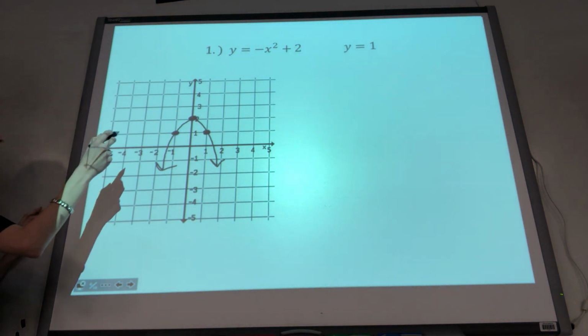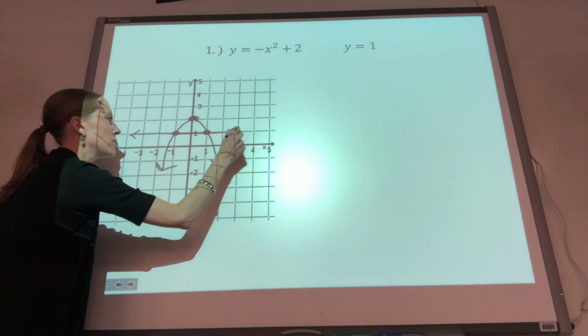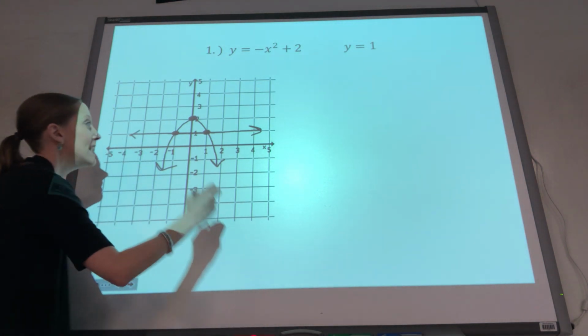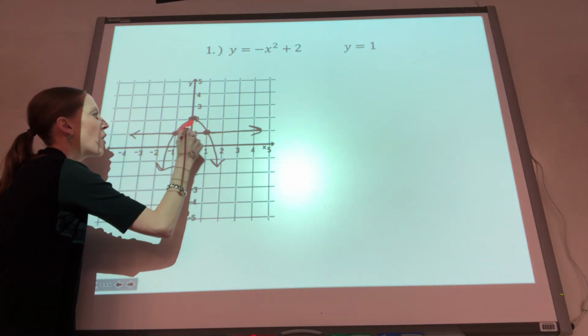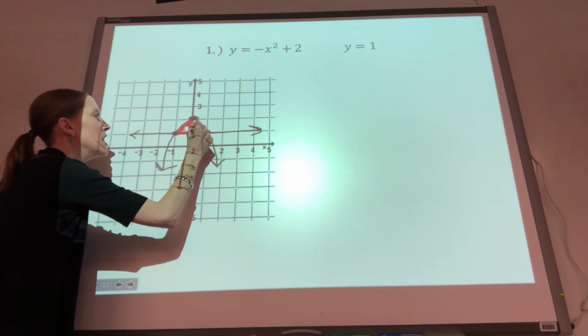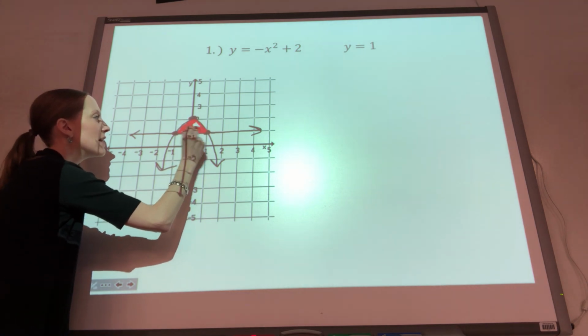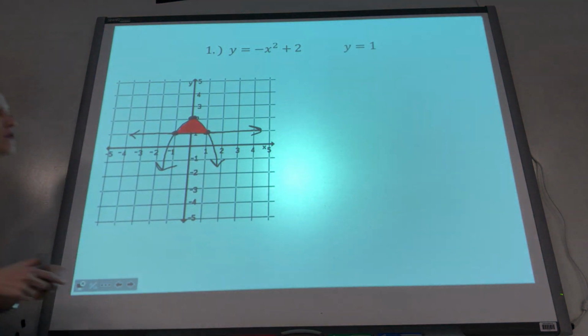And then here comes y equals 1, which again is just a horizontal line at y equals 1. So, I mean, you don't have to shade this region in if you don't want to, but I'm going to do it up here just so we can all see that that little area right there is what we are trying to find.